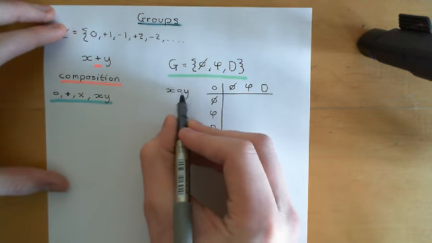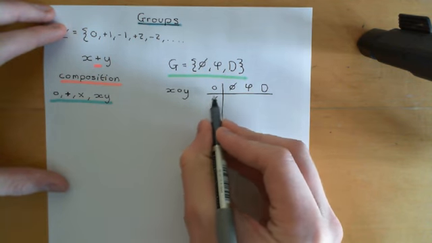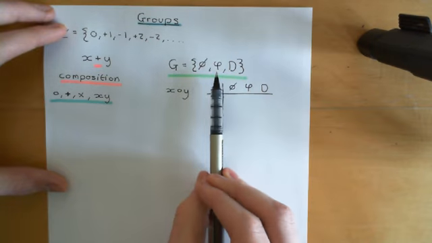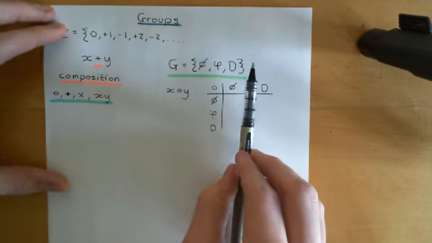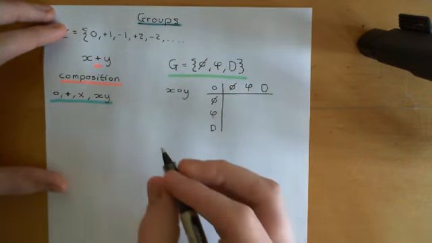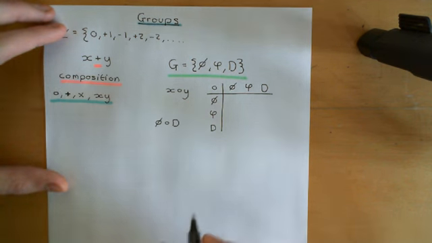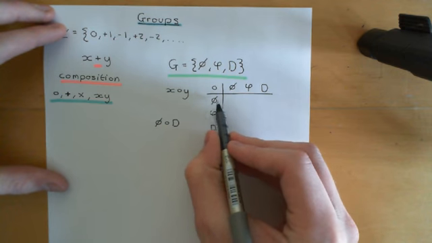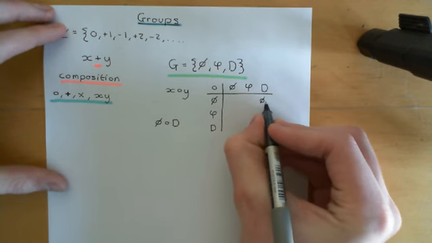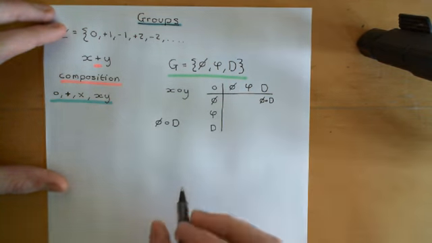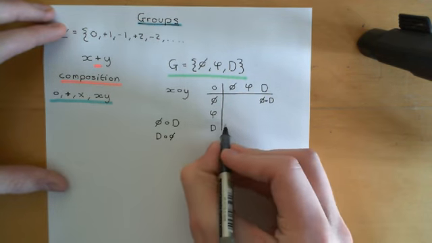When I say little x composed with little y, what that will mean is find little x in this side column here. Take the row that corresponds to that little x, and then go along to find little y up here, and take the column that corresponds to that little y. For instance, if I wanted big phi composed with big D here, I would take capital Phi from here, and then I take capital D from here, so this would be over here, phi composed with D. Meanwhile, D composed with phi, the opposite way round, would be down here, D composed with phi.